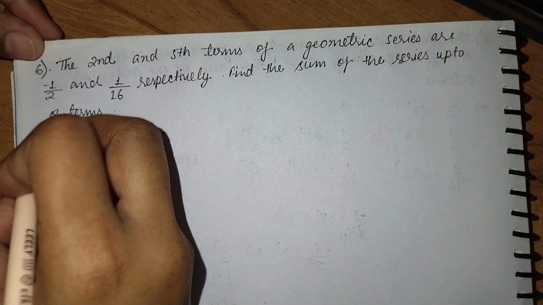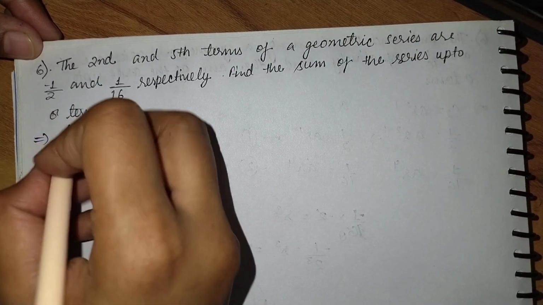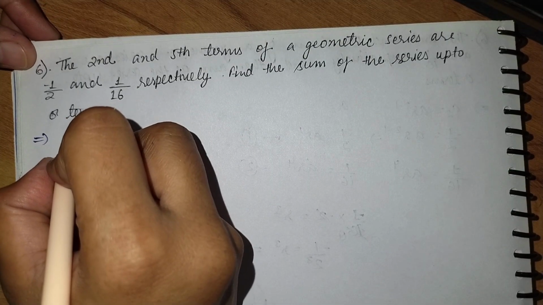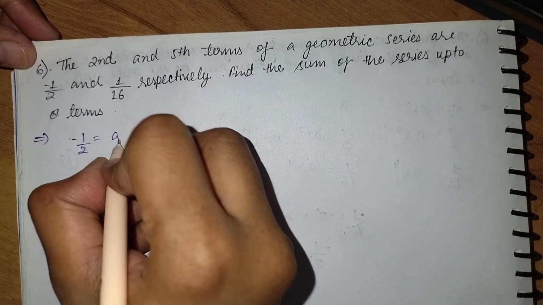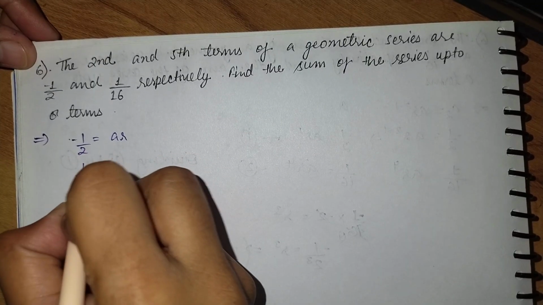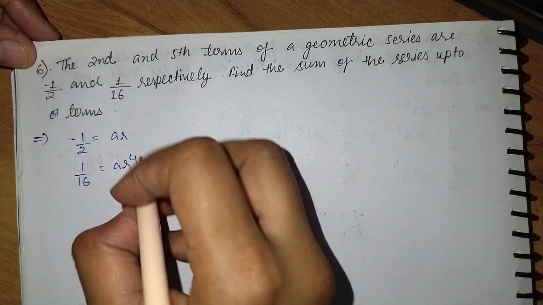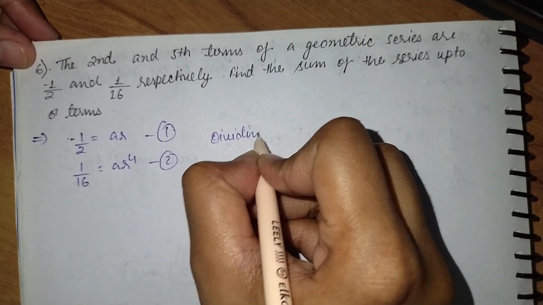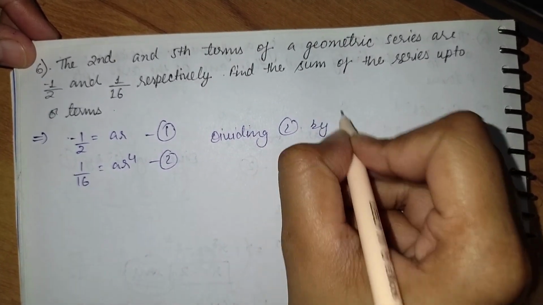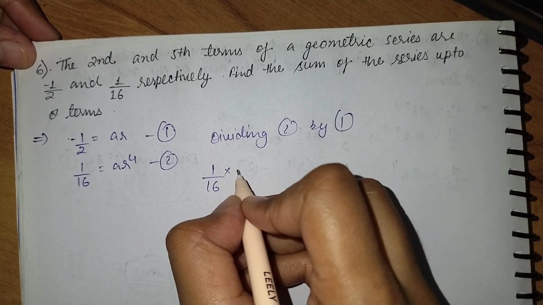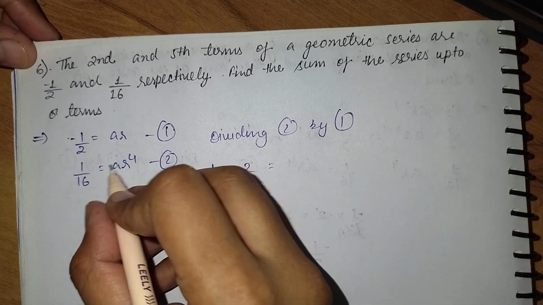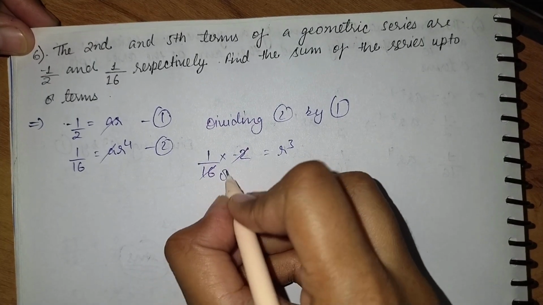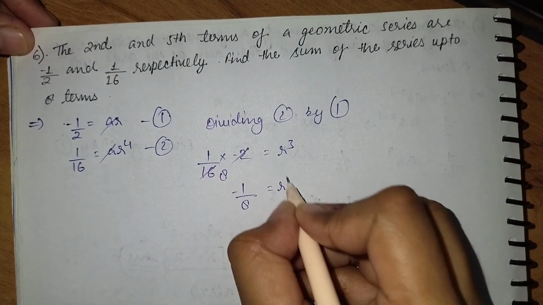Now let us solve question number 6. The second and fifth terms of a geometric series are minus 1 by 2 and 1 by 16. So simply a2 we can write minus 1 by 2 equals ar, and 1 by 16 as ar to the power 4. So dividing the second by the first, we will get 1 by 16 into minus 2 equals r cubed, and this will be cancelled out by 8, minus 1 by 8 equals r cubed.